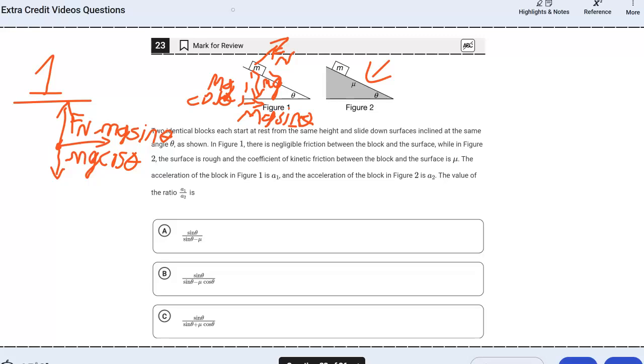Okay, so now our FBD for figure 2 is going to be almost identical. The only difference is that we have frictional force.